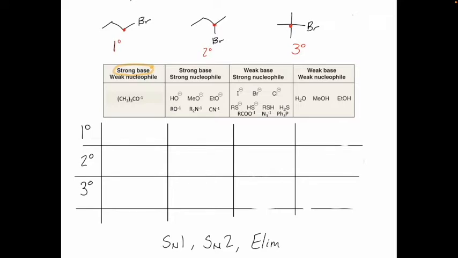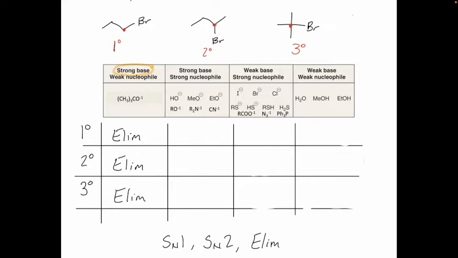Okay, so if you have something that's a strong base, but a crappy nucleophile, it's going to be elimination reactions. So across the board here, these are all eliminations. We did have E1 and E2 mechanisms, but we said that for our purposes, they're the same thing. So we're just going to lump them together in elimination type reactions. But strong bases promote elimination reactions.